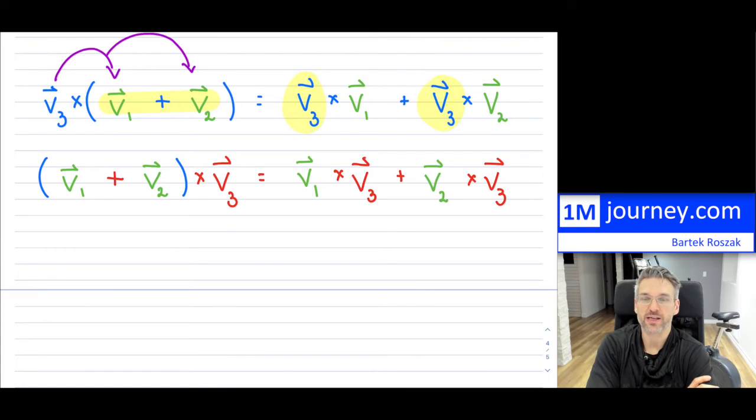Once you do that and you find your actual vector, then you can take the right-hand side, where you're going to have to do 2 cross products, this one and this one, and then their components you can add together, and you will see that they're actually equal to each other.